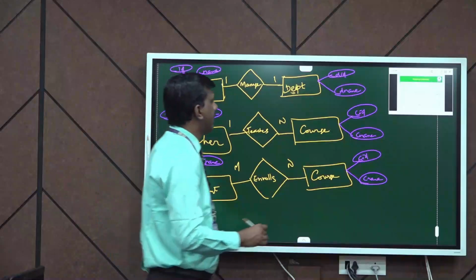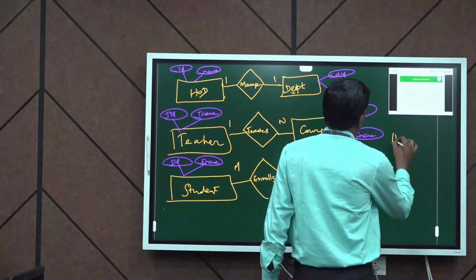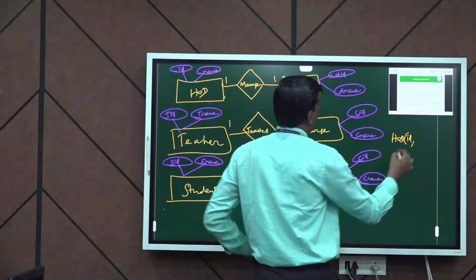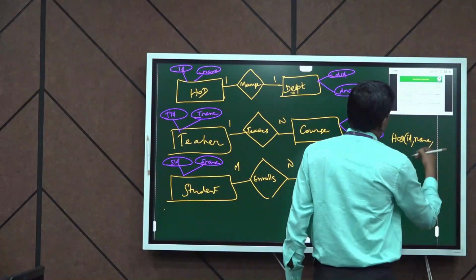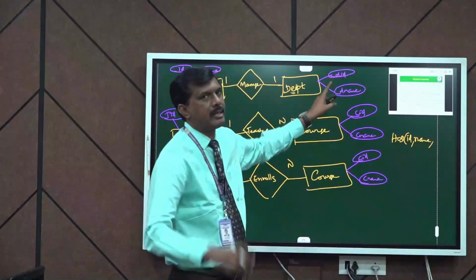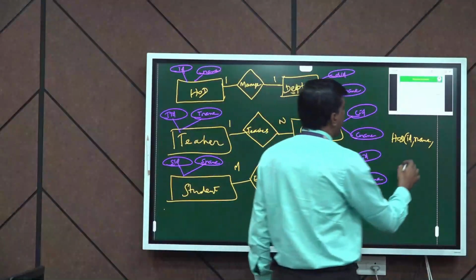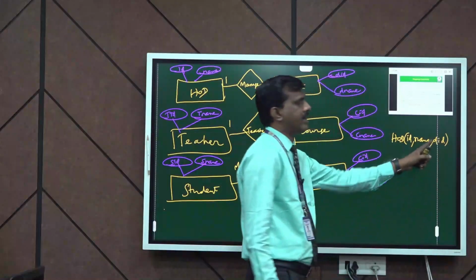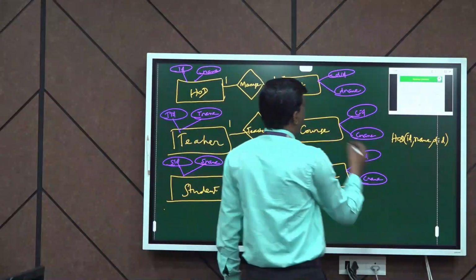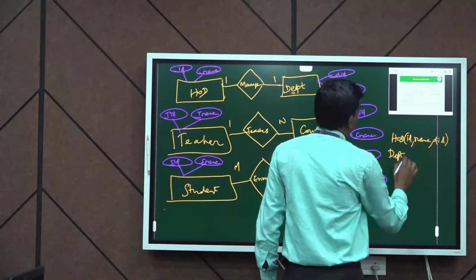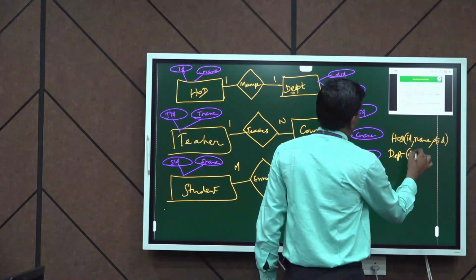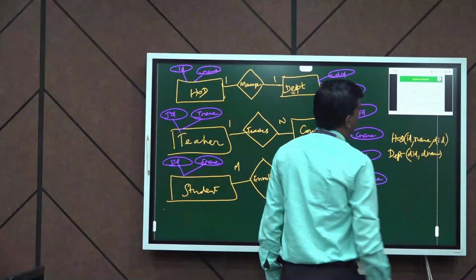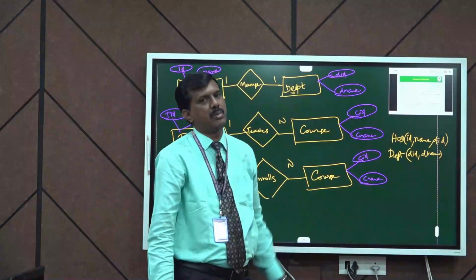In the first case, we have HOD, in which we have ID, then name, and I also included the right side key attribute, which is department ID. Then we have one more table, department ID, department name.